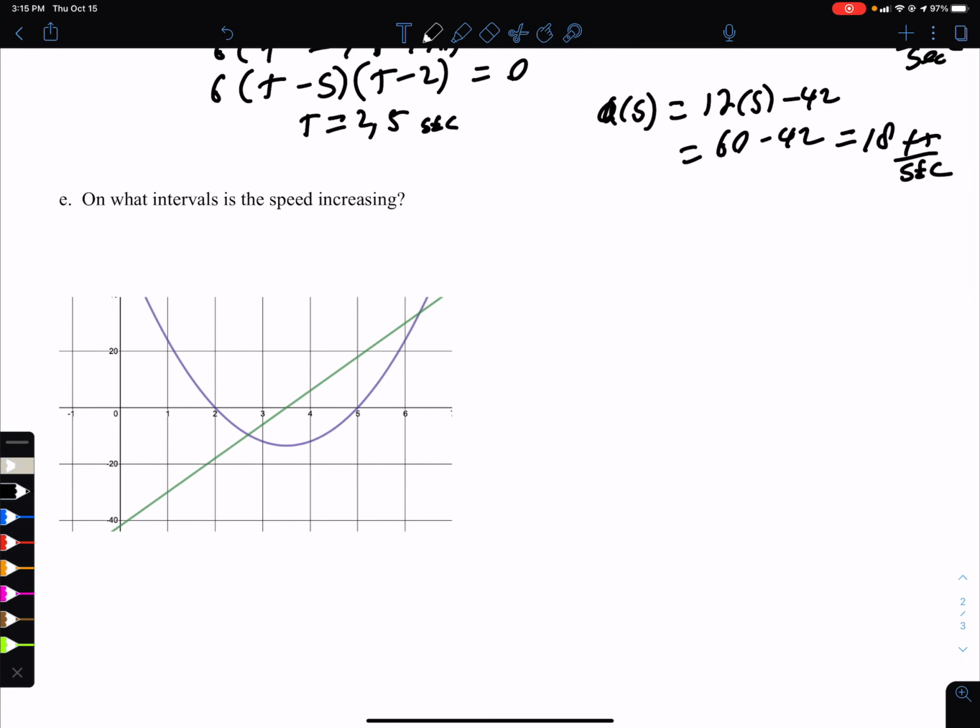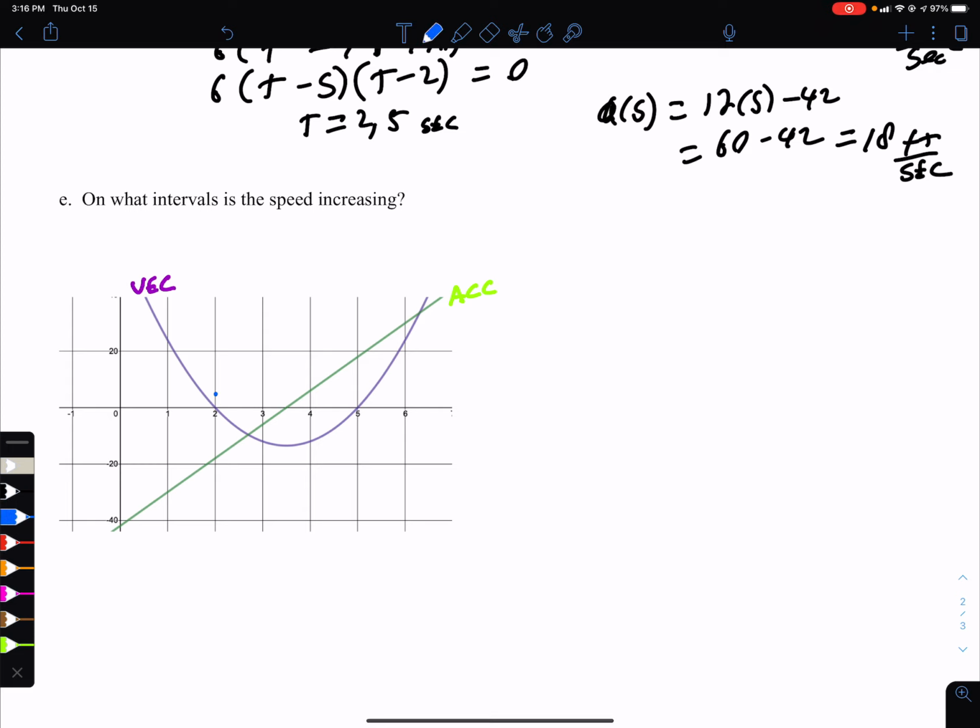Where the green is acceleration and the purplish, it looks like this is velocity. Now, it all depends on whether the velocity and acceleration are positive or negative. So we're going to look at regions.